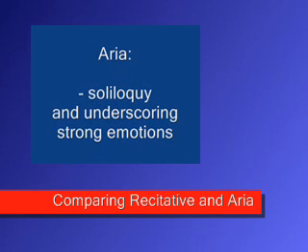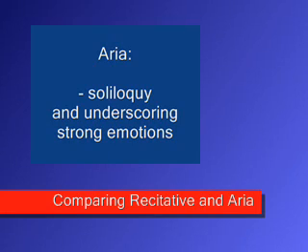Aria, however, is reserved for far more elevated dramatic functions like soliloquy, where a character is thinking out loud, and for underscoring strong emotions. So the real songs in an opera are used to reveal the character's thoughts to the audience and to reveal the character's feelings to the audience.